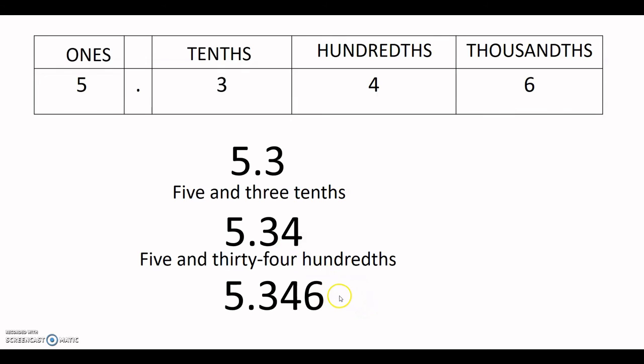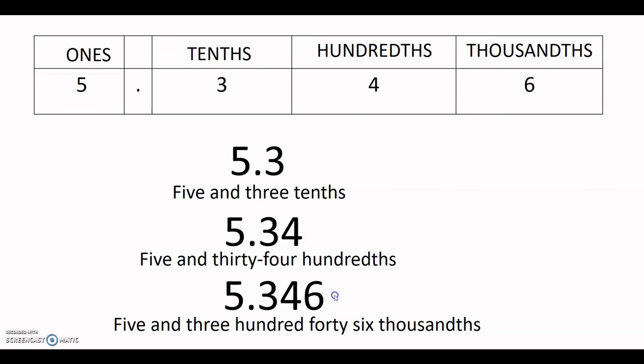To properly read this decimal number, we have 5 and 346 thousandths. It is very important that we know how to read our decimal numbers. We should know the place value of our decimal numbers.